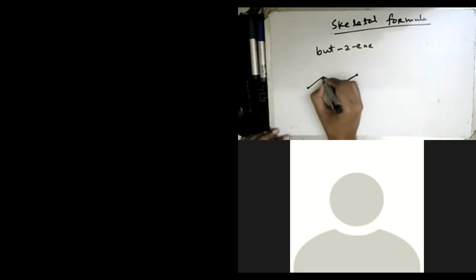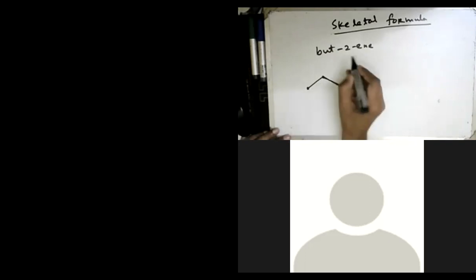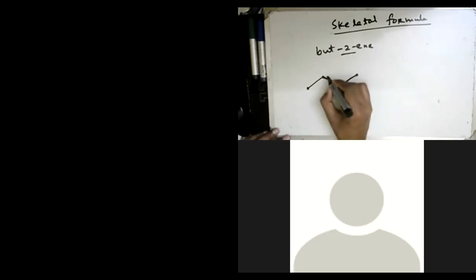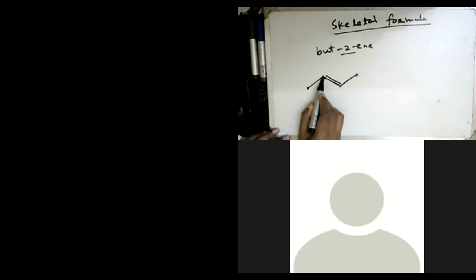But in butane, all are single bonds, 1 straight line. In 2-ene, it means with the 2 number carbon there is a carbon-carbon double bond, right? So you can show the double bond here. Yes, with the second carbon there is a double bond. So this should be but-2-ene.